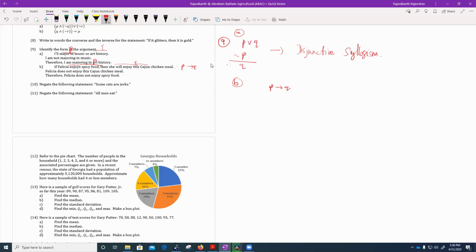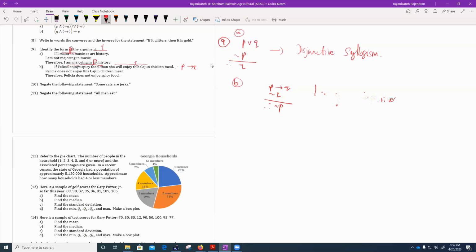That is the negation of Q. Therefore, Felicia does not enjoy the spicy food, so it's going to be the negation of P. So this is again a valid argument. We call this the law of contrapositive. So please go and check the notes.